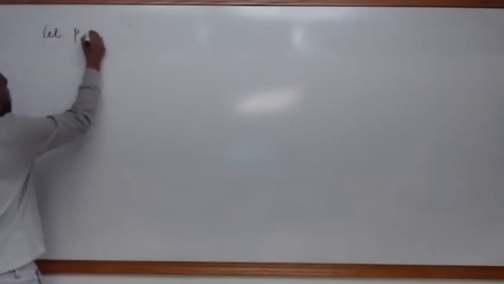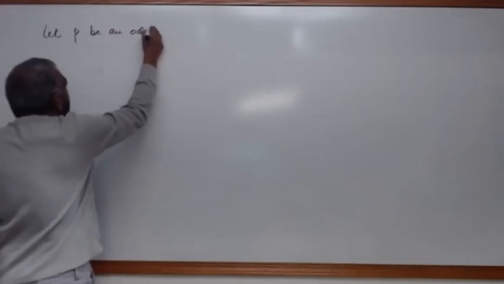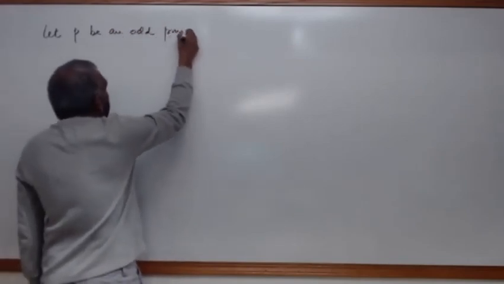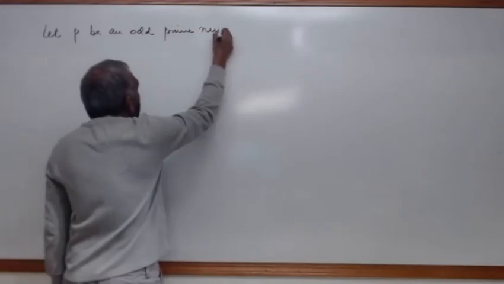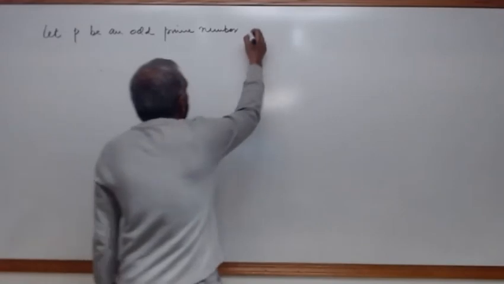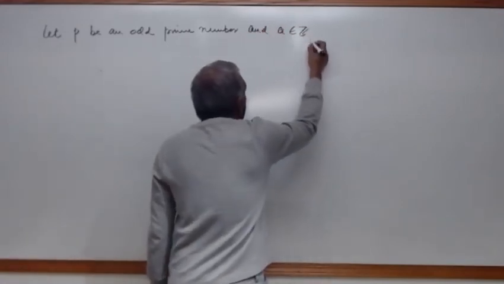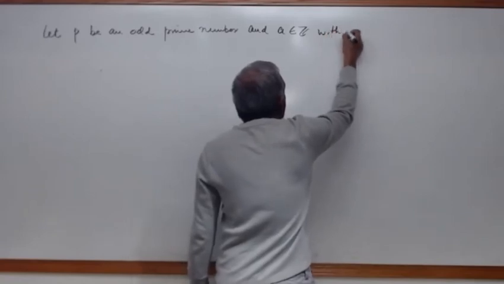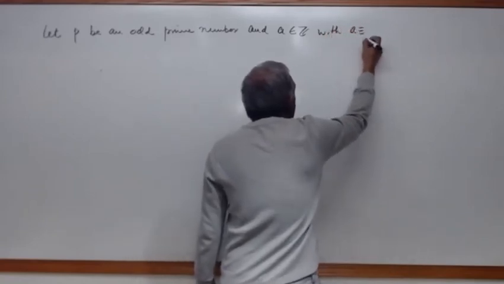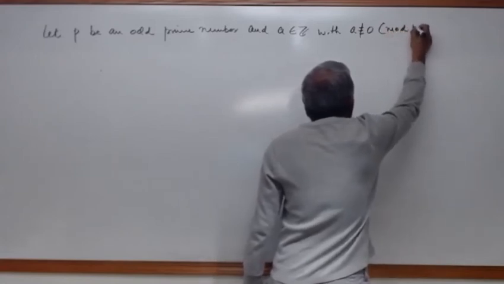So let P be an odd prime number and A is an integer with A not congruent to 0 mod P.